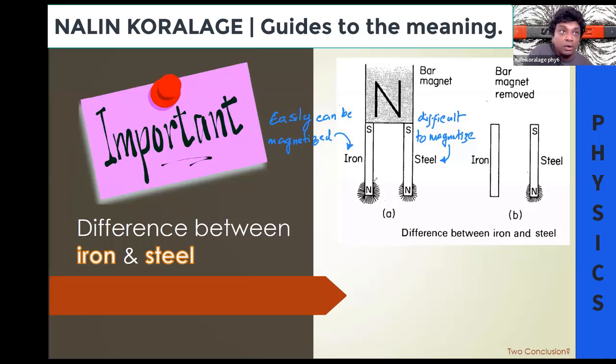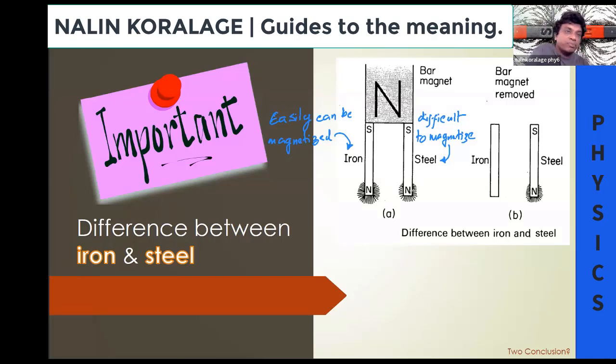That's why it is attracting a greater number of iron filings. Like the experiment we conducted to compare strength, a greater number of paper clips will be attracted by a stronger magnet at a certain separation. Likewise, here more iron filings are attracted by the iron bar than by the steel. So we can decide that iron is more strongly magnetized than steel.